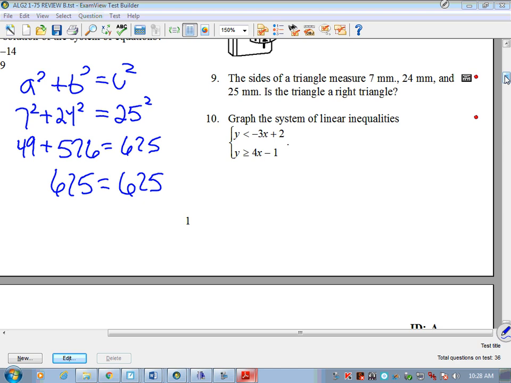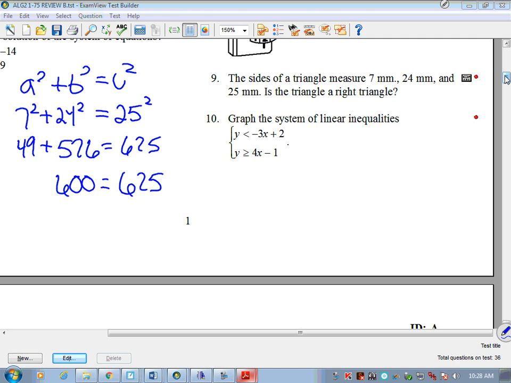Yes. Now, I don't know if they'll change this question up at all. They could easily ask, what type of triangle is this? Is it acute? Is it obtuse? We would still get a right triangle here, but if this number had come out to, let's say, 600 instead, can anybody tell me what kind of triangle that would have been?